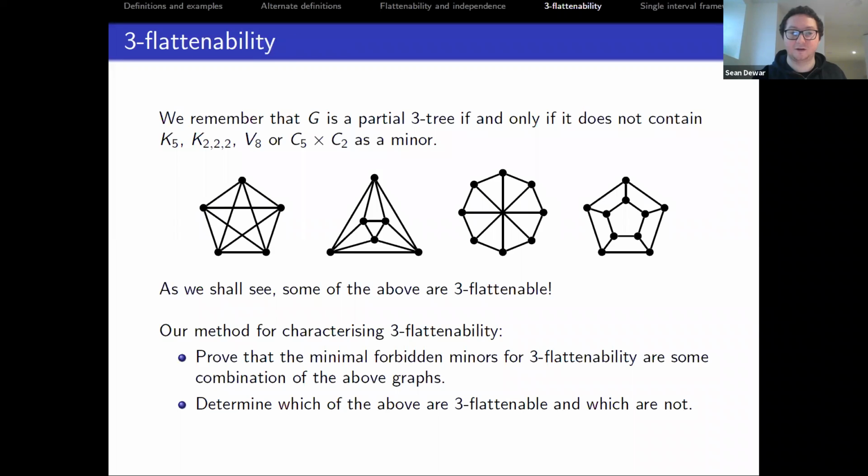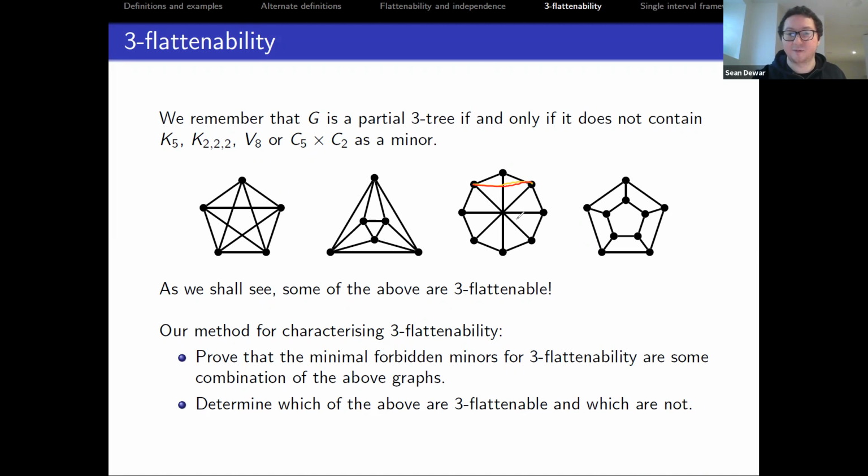So to give a quick look on this, if I take this graph and I add an edge here, basically I can contract the rest of these edges into 1 single vertex, and then I'll have K5. So I'll show that with a pen. If I draw an edge in between here, then I've got a K4.